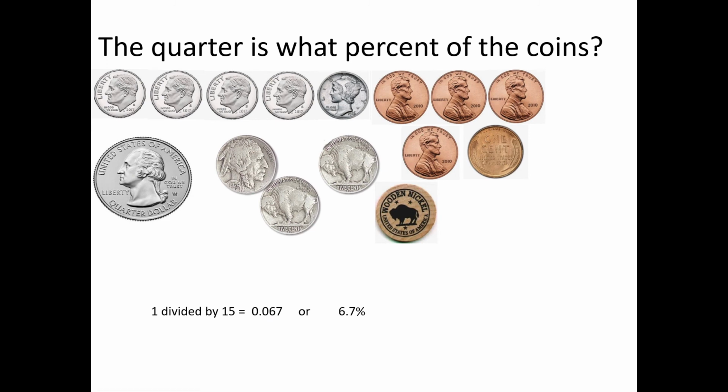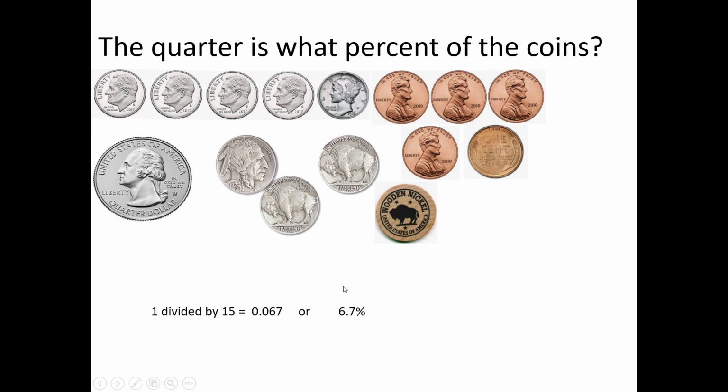So a quarter, while it carries the largest amount of value when it comes to measuring its currency value, it is the smallest grouping of individuals. So it is 6.7% of the total coins.